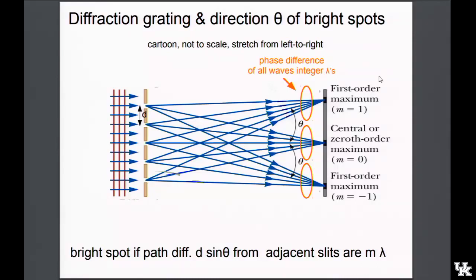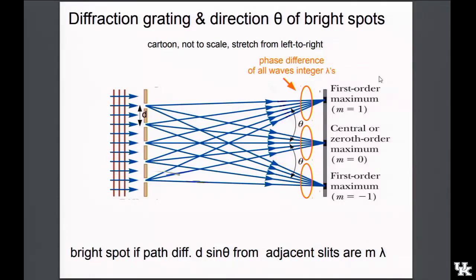And we've said again, and we may have seen, you get a bright spot in the center. But what you were looking at was most likely the first order diffraction maximum upstairs here, or the first order diffraction maximum downstairs here.